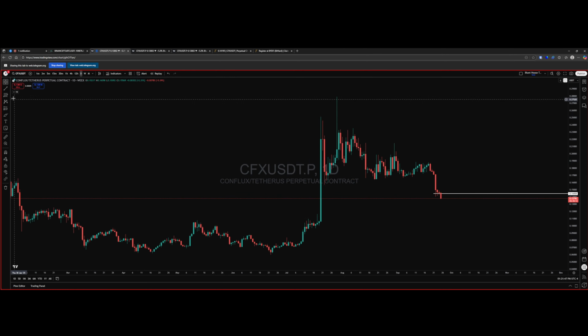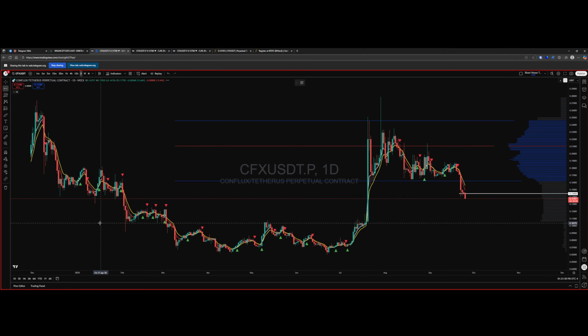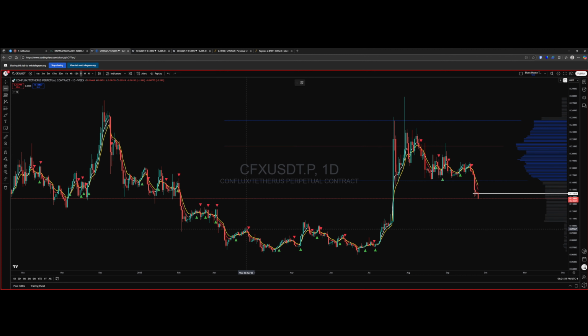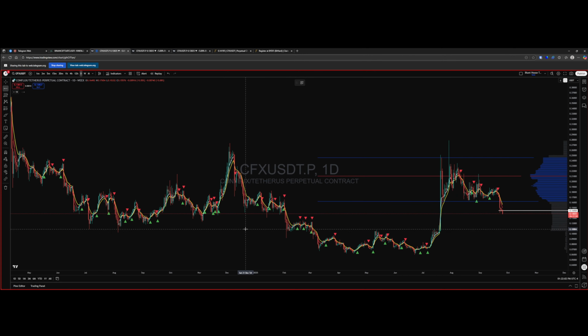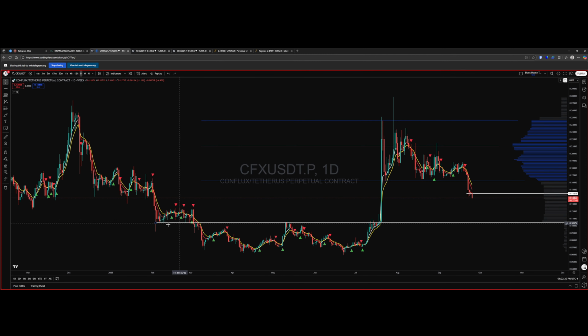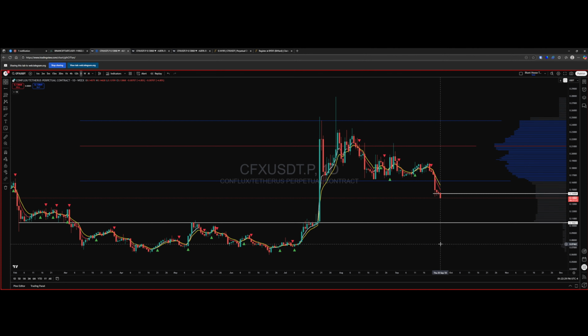And if we wanted to get even a little more forensic, let's line up support, resistance, just so that we can see if price comes back there.